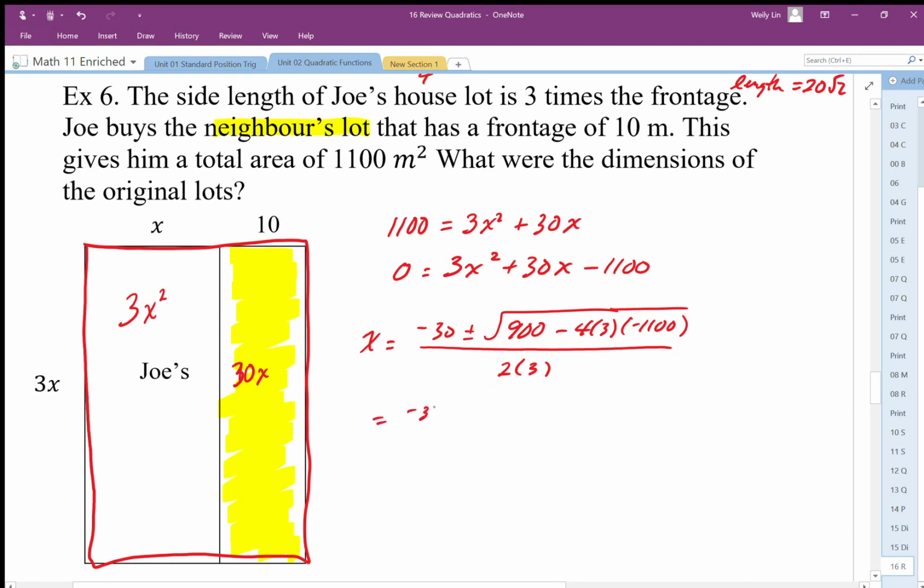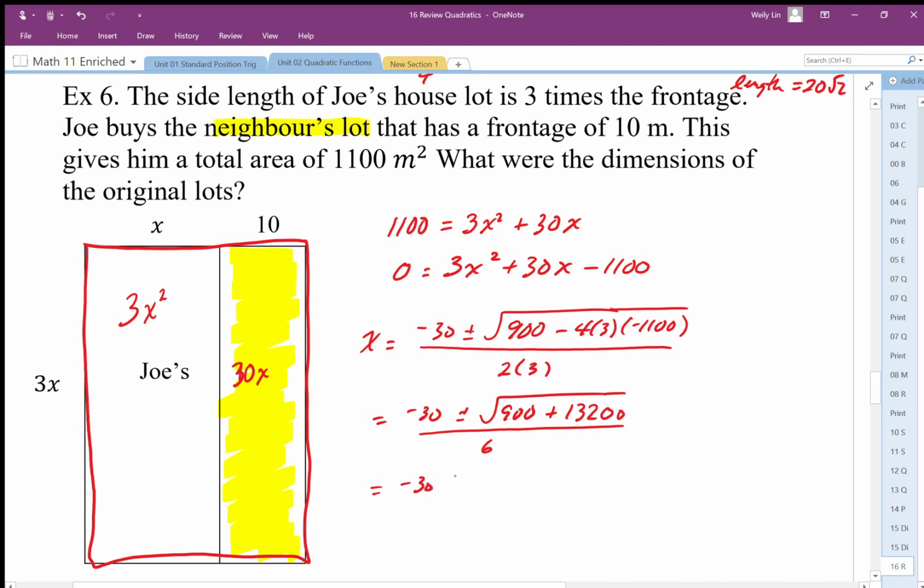So we end up with negative 30 plus minus the square root of 900 plus, double negative, so it's going to be plus, 12 times 11 is 132 with 2 extra zeros. And then all divided by 6.